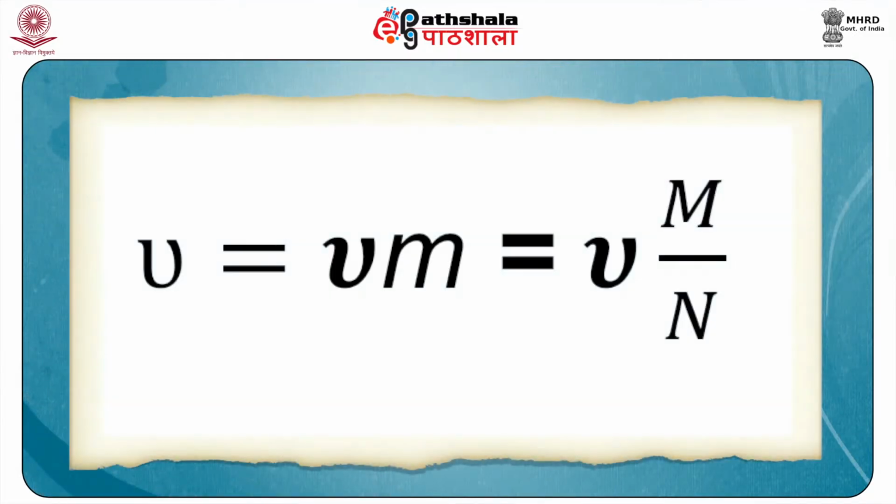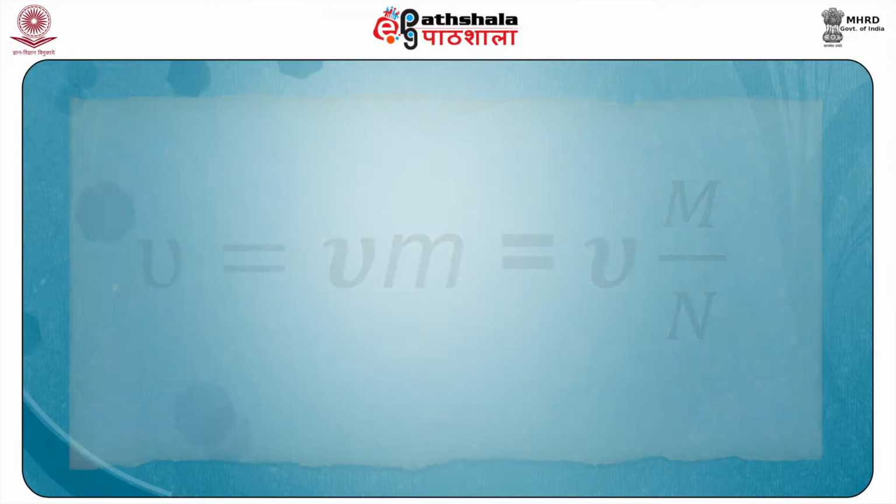The volume of the macromolecule will be nu equal to nu bar m divided by N, where nu bar is the partial specific volume of the macromolecule.